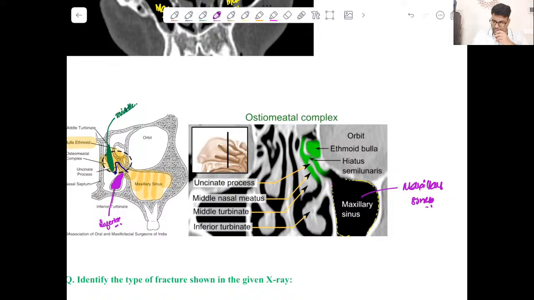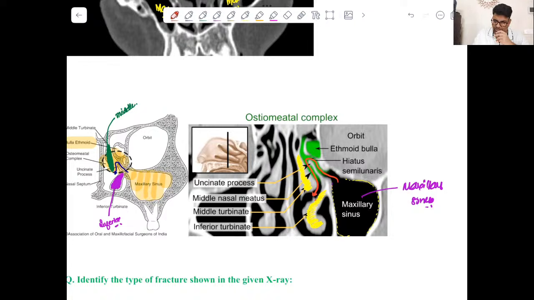Then this is the inferior turbinate, and this one is the middle turbinate. Okay, and this is the opening of the maxillary sinus, and it is coming into the middle meatus, something like this.